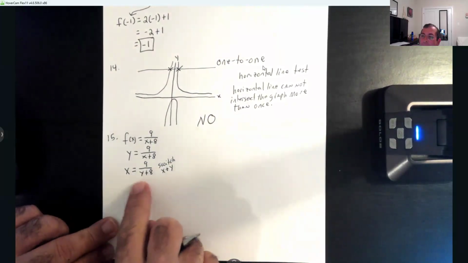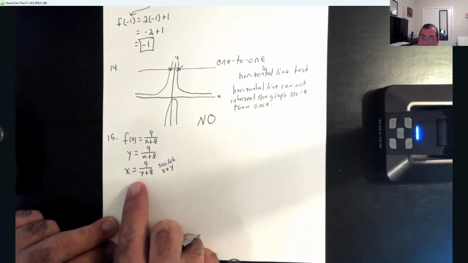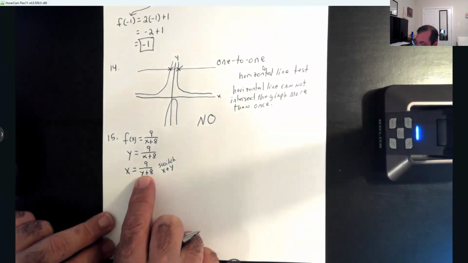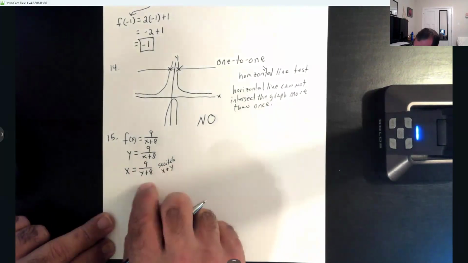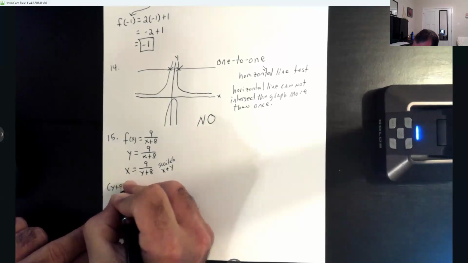Now, you're solving it for the y. So y'all, I'm going to show y'all a trick on this one. To solve this for the y, it can't be in the bottom of a fraction. So to move this up, you're going to multiply both sides by y plus 8.